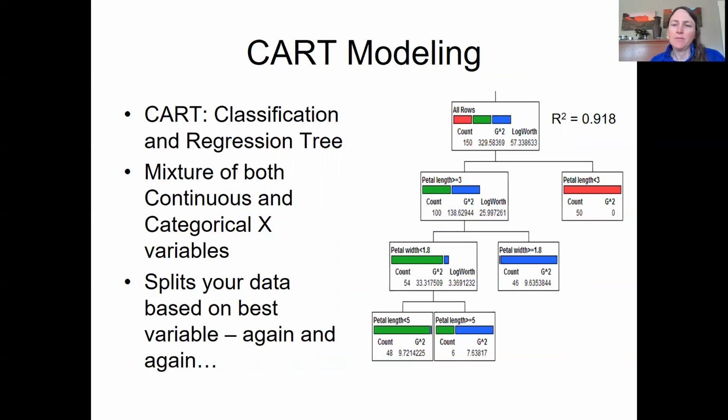And then of the 2, where you can see the blue and the green species together, the second split would be at petal width. You can see it does a pretty good job of splitting the species by petal width, although you get a few of the blue species over there in the petal width less than 1.8 box. But most of the blue species are in petal width greater than 1.8. And then you can see it's trying to split out that green and a little bit of blue group even further based on petal length greater than 5.